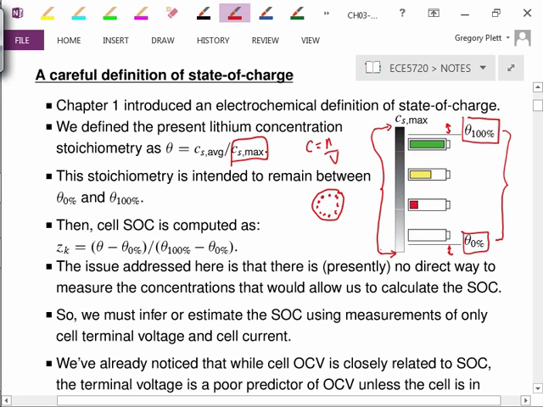This is why, if you go back and re-listen to some of the lectures from 5710 from the previous course, I tried to be careful to talk about an electrode state of charge versus a cell state of charge. This is the electrode state of charge, and this is the cell state of charge over there. The cell state of charge is over a more compact region. The picture is notionally drawn for the negative electrode.